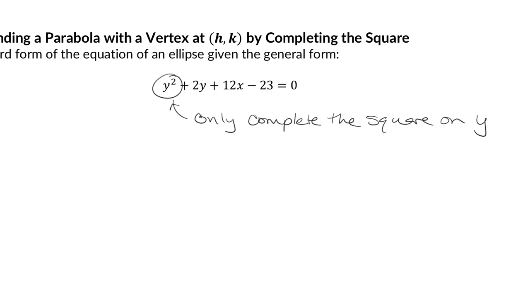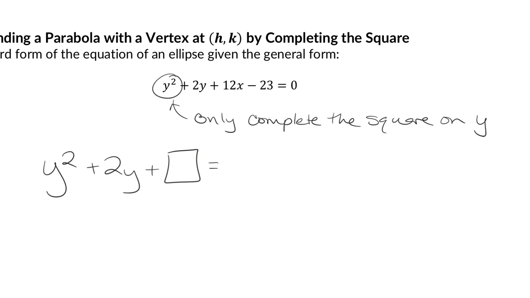So what we're going to do is on our organization step, on the left side of the equation should be all the y terms and a magic box. So that would be y squared plus 2y plus mystery box equals. Everything else goes to the other side, including the x term this time.